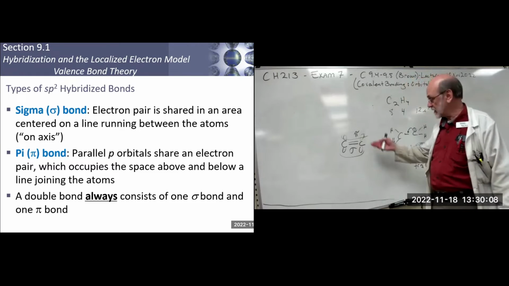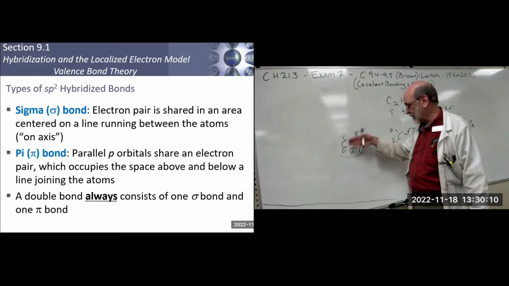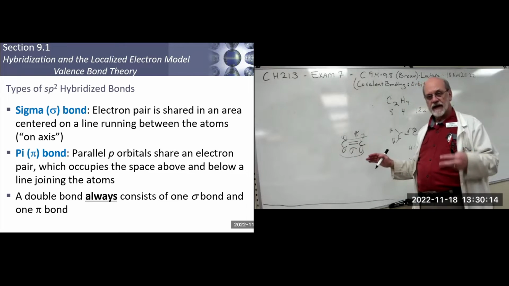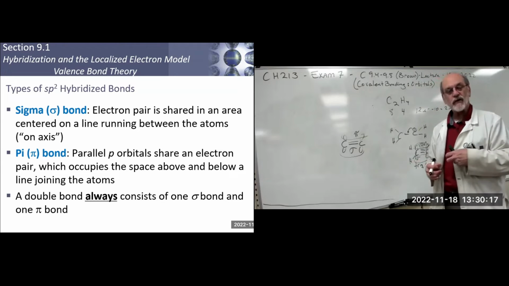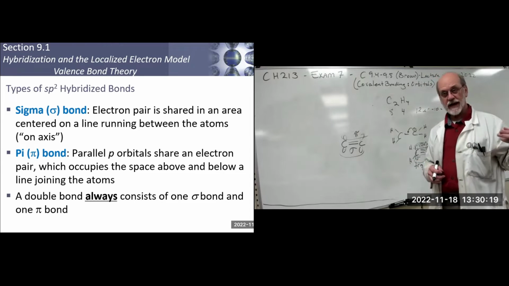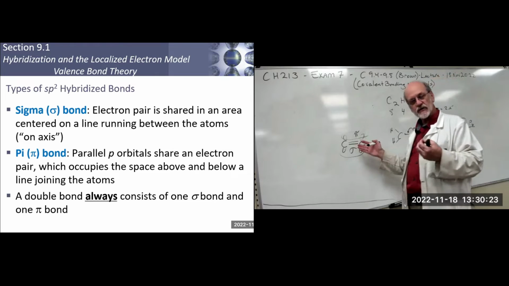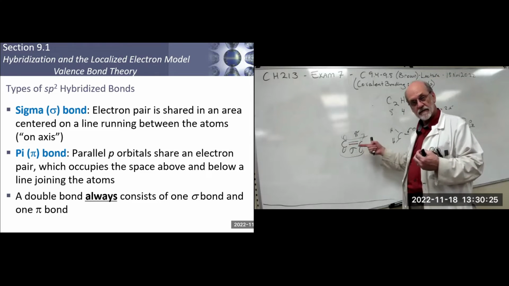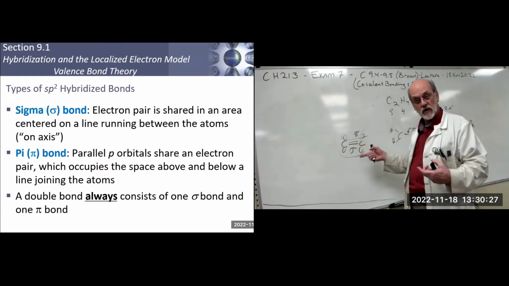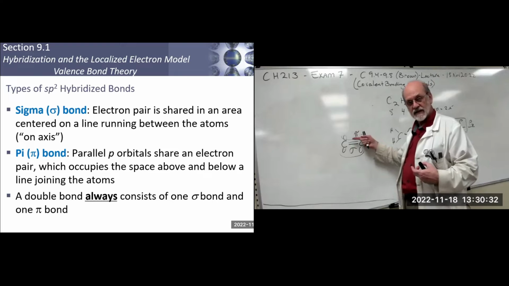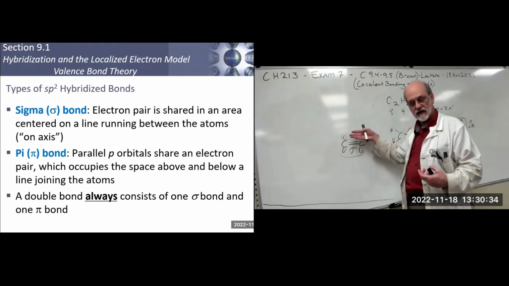Now, obviously, overlapping off axis is a weaker bond. That's why when we were studying bond energies in an earlier chapter, we had a certain bond energy that could be applied to a single bond, but the double bond was stronger because it included both the sigma bond and the pi bond.